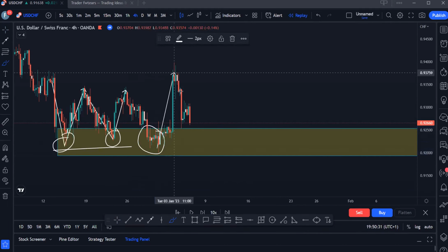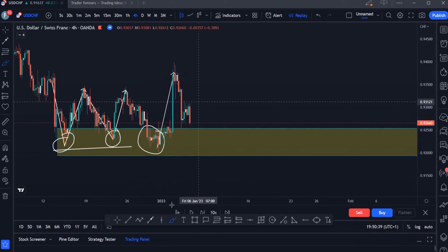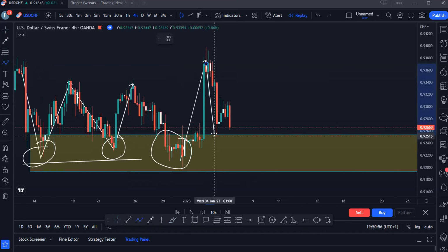If price should retrace again into that zone, you still also want to look for buy opportunities, because the support zone has not been broken yet. Let's see if price will still respect this support zone or price will break it. You can see slightly when price retraced into the zone, we can see a little bit of activity here, so you'd have made some profits.